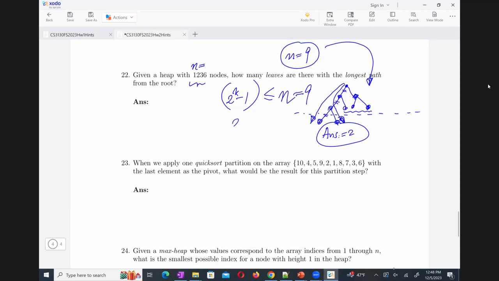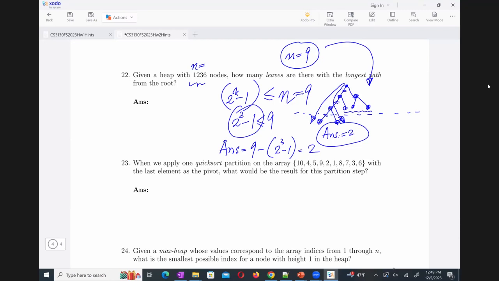So the largest such k, 2 to the 3 minus 1, is the number of nodes above the lowest level. So the answer should be 9 minus that power of 2 minus 1, which is 2. Okay? So we're calculating it this way.